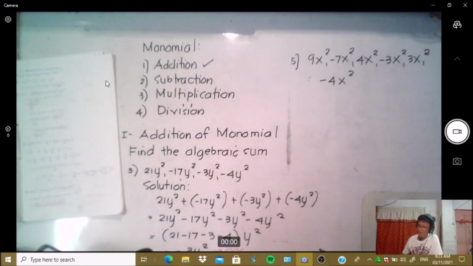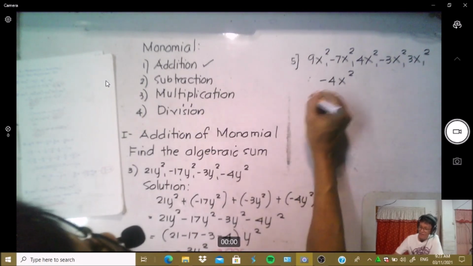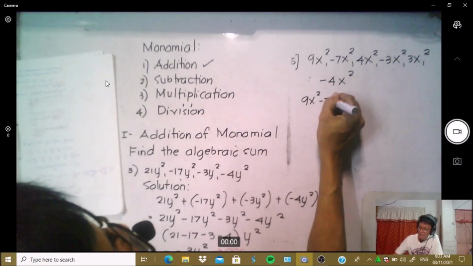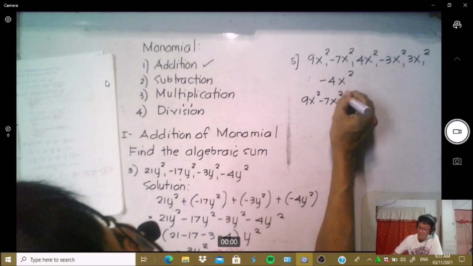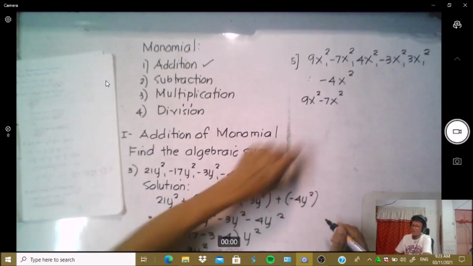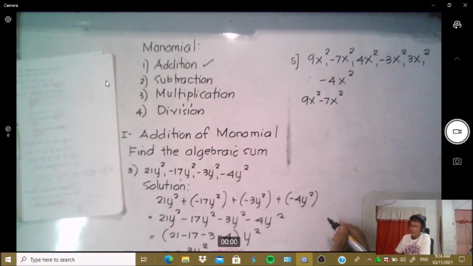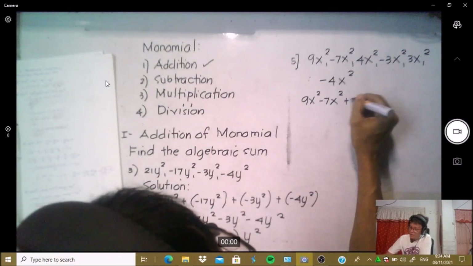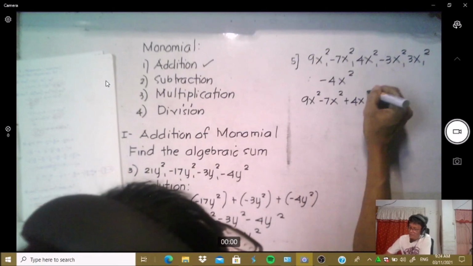Okay, so actually I can show you two solutions here. So for our number 1, we have 9x squared minus 7x squared. So I did not include the positive, the addition. Pwede naman, it can be done. And we have plus 4x squared.